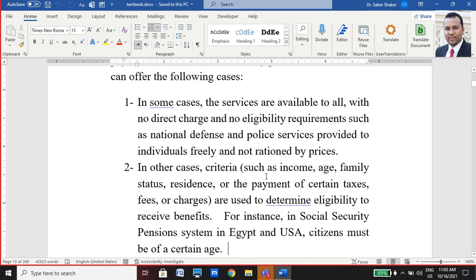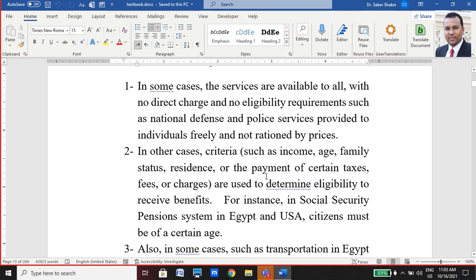What about case 2? In some cases, for some public goods and services, there are criteria, factors and conditions to benefit from the good or service. For example, in Egypt, the program of Takaful and Karama is a program for social protection.